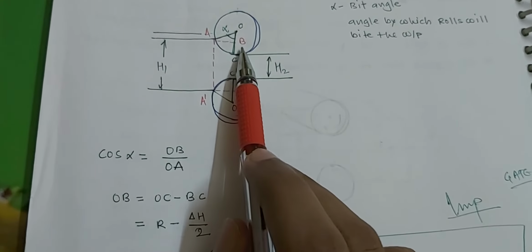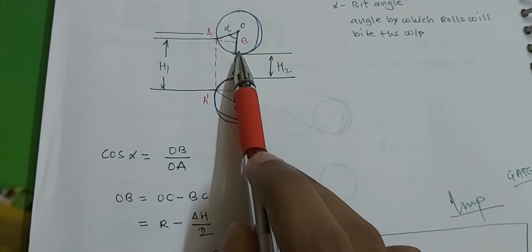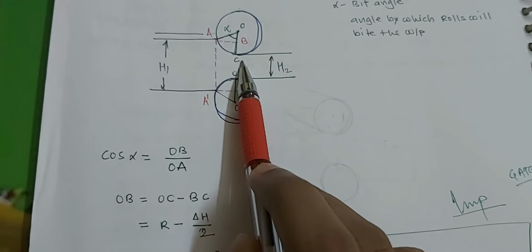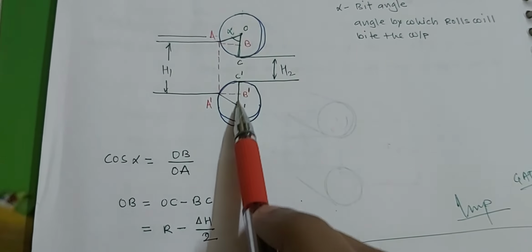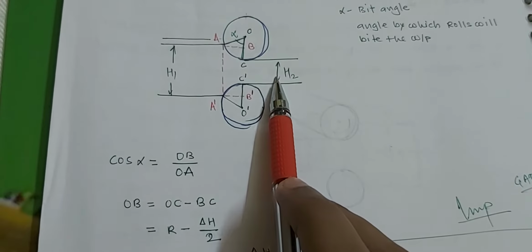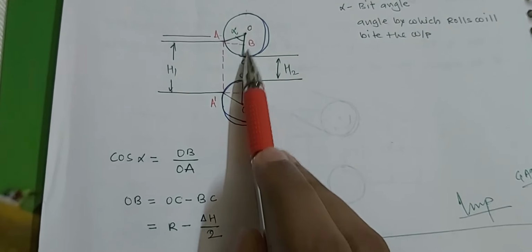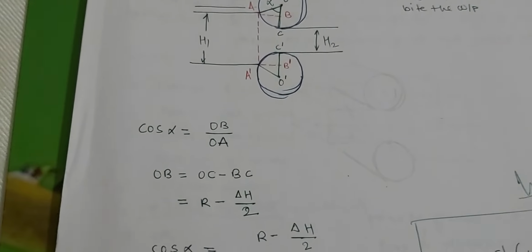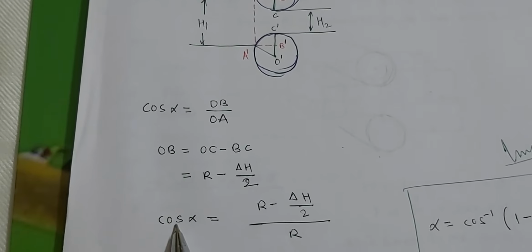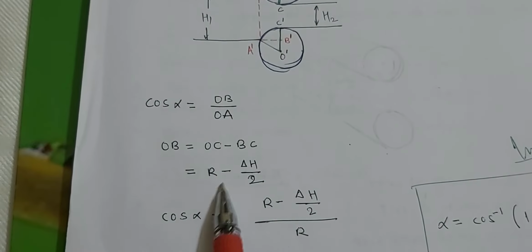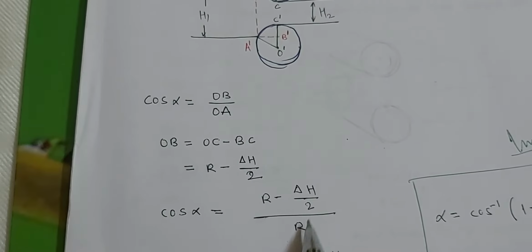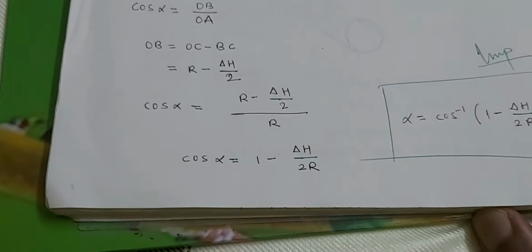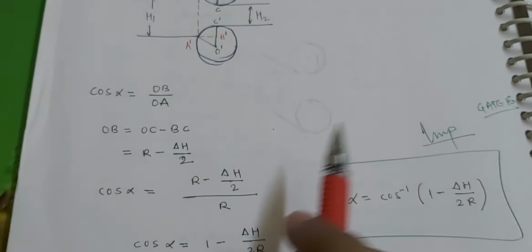So BC is equal to delta H by 2. So put here the value of BC as delta H by 2, OC is the radius, and from that we get cos alpha is equal to OB, that is r minus delta H by 2, divided by OA, and OA is the radius.